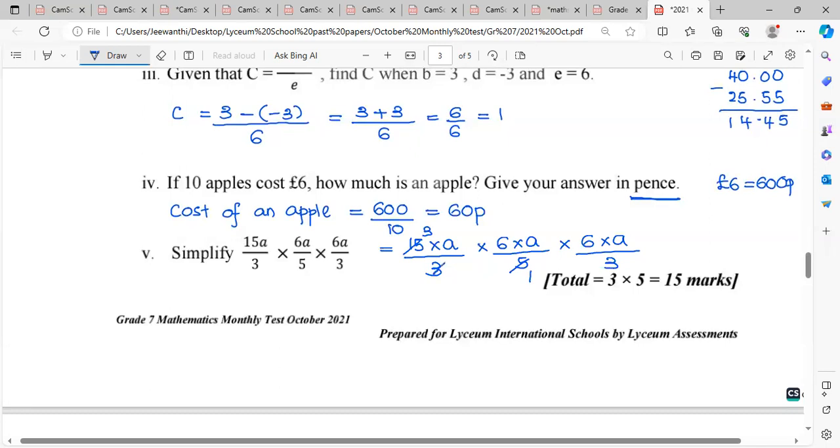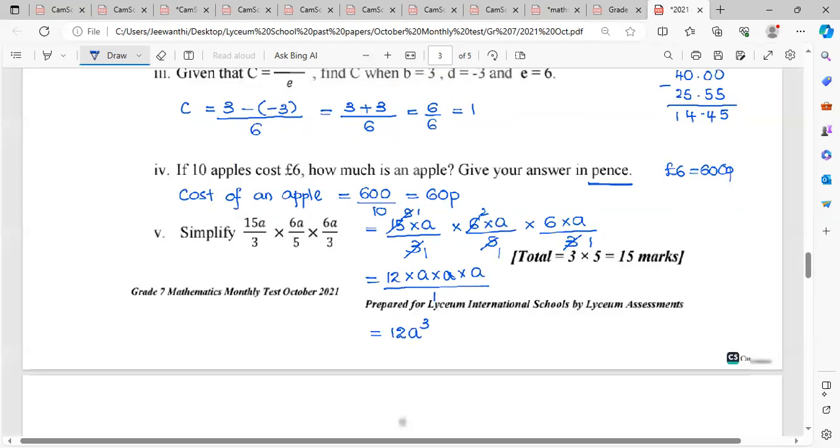So then 3 times 1 and 3 times 1. 3 times 1 and 3 times 2. That's it, I can simplify with the denominators. So what will be my numerator values? 1 times 2, 2, 2 times 6, 12. So then 12 multiplied by A multiplied by A. The whole thing you divide by 1, because 1 times 1, 1, 1 times 1, 1. So then my answer will be 12A cubed, right?